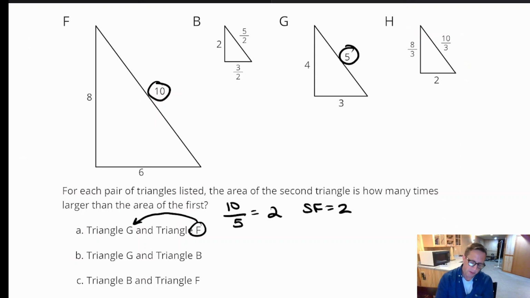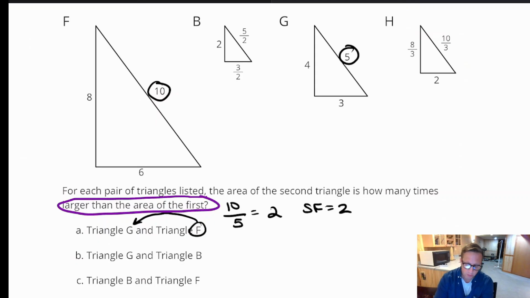Now one thing I glossed over here is that this is area. So we're looking at the area. Remember, area is going to be a squared relationship to the scale factor. Whatever the scale factor is, square that value, and that'll be how much larger the area is, or how much smaller, I guess.